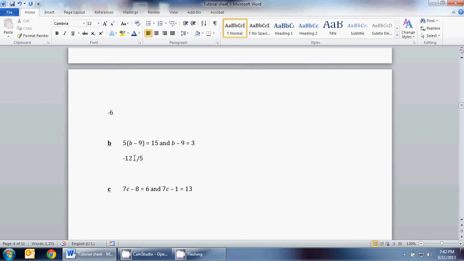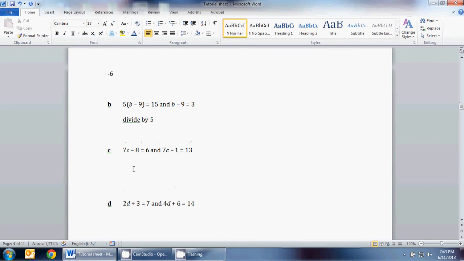Now, it can't be both of these answers. We need to find which one it's going to be. So you need to look at the other side. Here we've got a times 5 and B equals 9. On this one, the times 5 has disappeared, which means our minus 12 is out, and our answer for that is divide by 5.